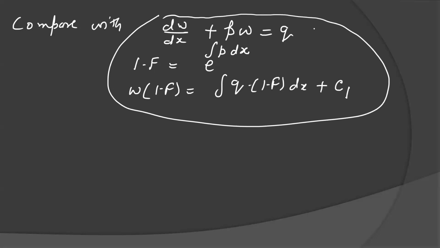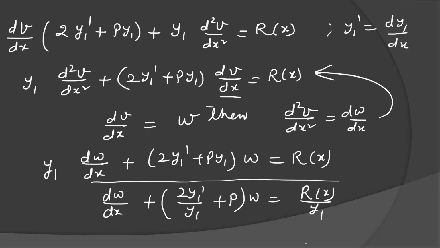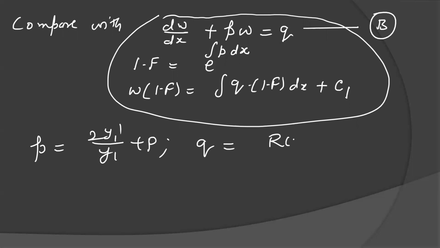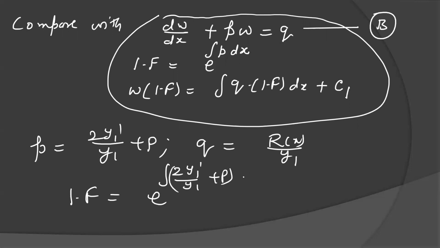Now compare this type of equation to the previous equation, call it equation A, and compare with equation B. You can see that small p is actually 2y1 dash by y1 plus capital P, and small q is rx by y1. So its integrating factor is going to be e to the power of 2y1 dash over y1 plus p dx.